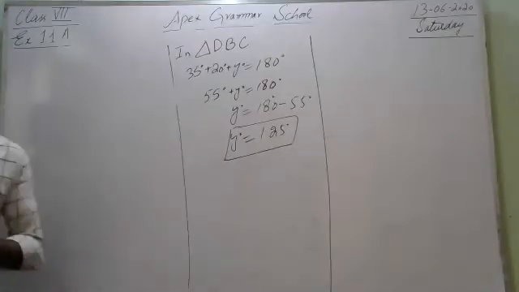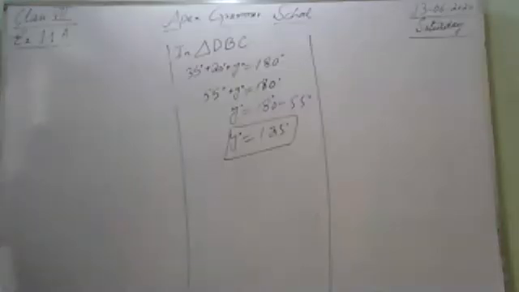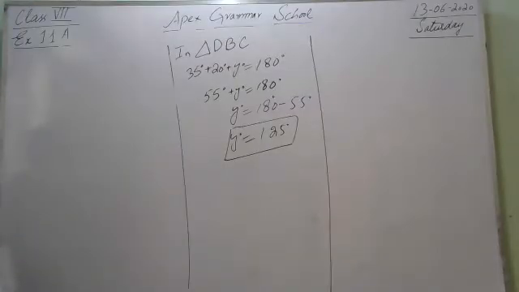Question number 7. Given that ABC and BED are straight lines, find the values of the unknowns in each of the following.